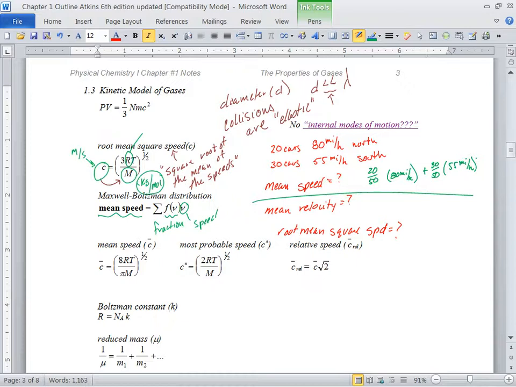Remember in physics, didn't we do like a minus and a plus, that kind of thing? Doesn't matter for speed. It's the absolute value of it, or we could put a minus 80 and a positive 55, whatever. But the point is it's speed. You don't have any direction with this. You don't have any plus minus signs. So let's just leave it alone.